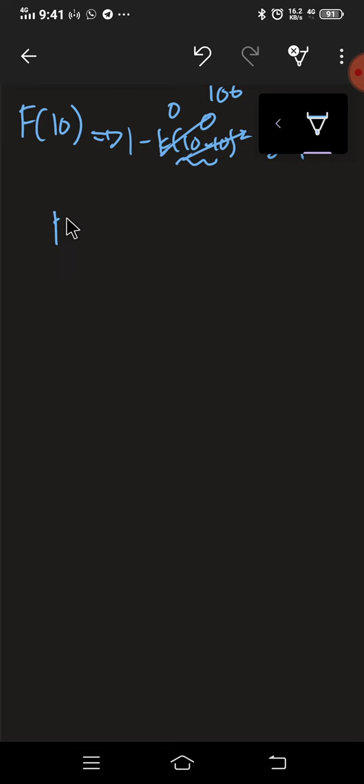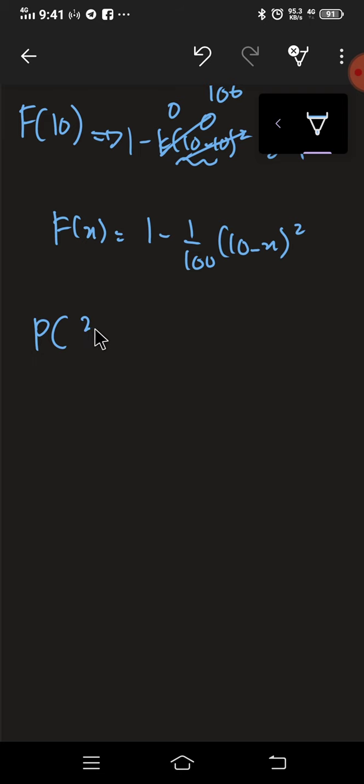So our capital F of x, the middle function here, is 1 minus 1 over 100 of 10 minus x squared. Okay, now find the probability of x between 3 and 9. For this one, because we have the cumulative, why should we find the PDF?